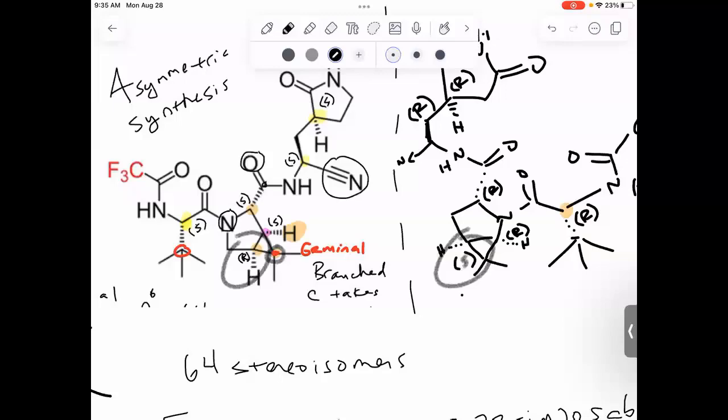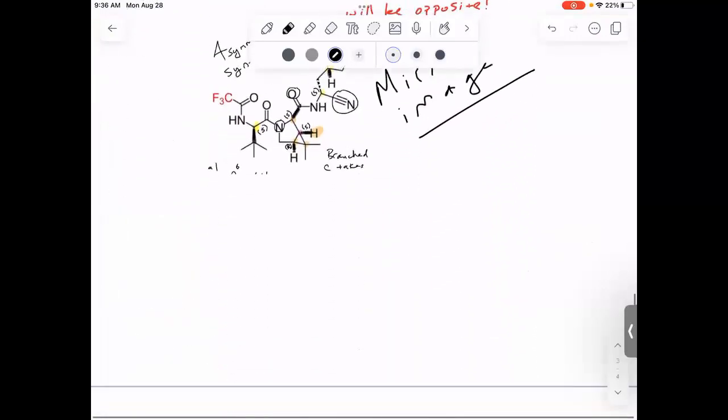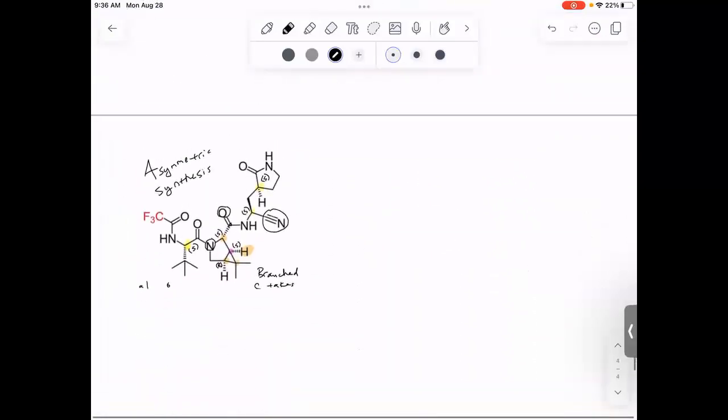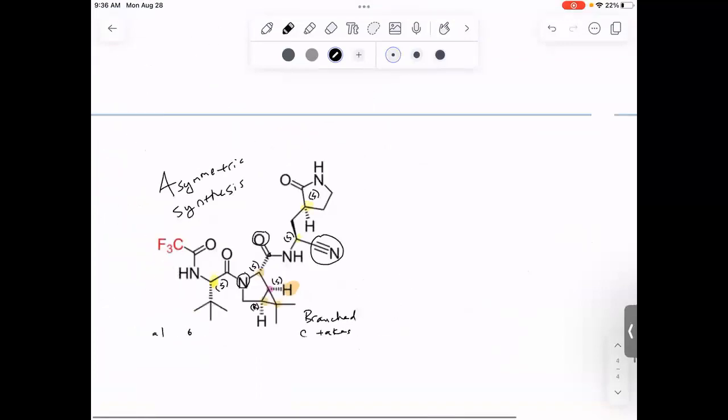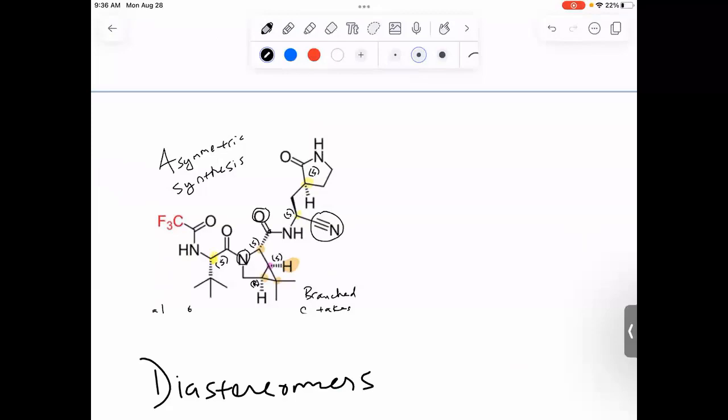All right. Let's look here. Let's talk about diastereomers. Now, in the enantiomer, everything changes, right? R changes to S, S changes to R, because it's a mirror image.